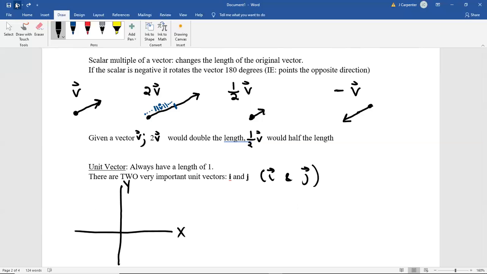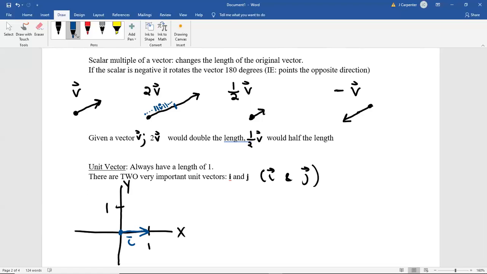So the i and the j: let's call this right here 1 on the x-axis and this right here 1 on the y-axis. For i, we traditionally start at the origin, doesn't have to, but that's just traditional. And we point it completely horizontal at the 1 on the x-axis. So we're going from 0 to 1 completely horizontally, which means it's a length of 1.